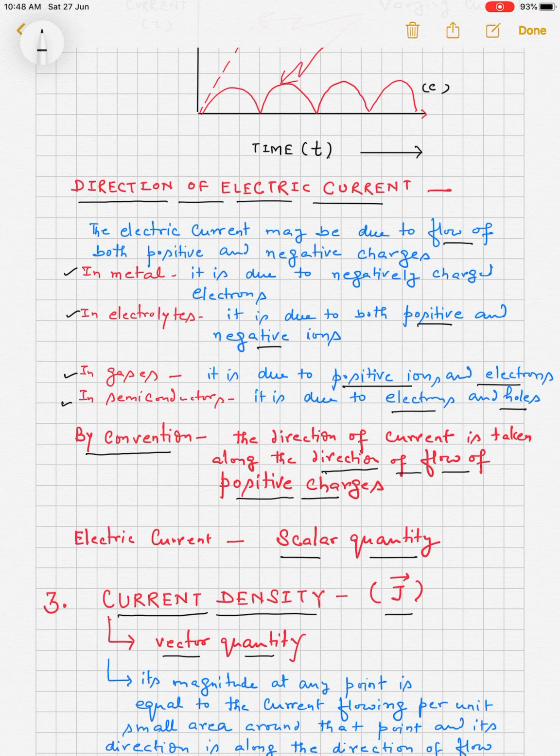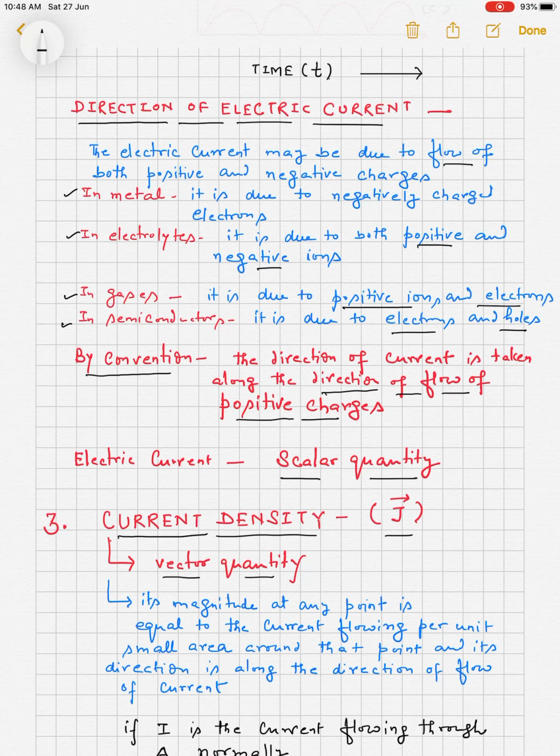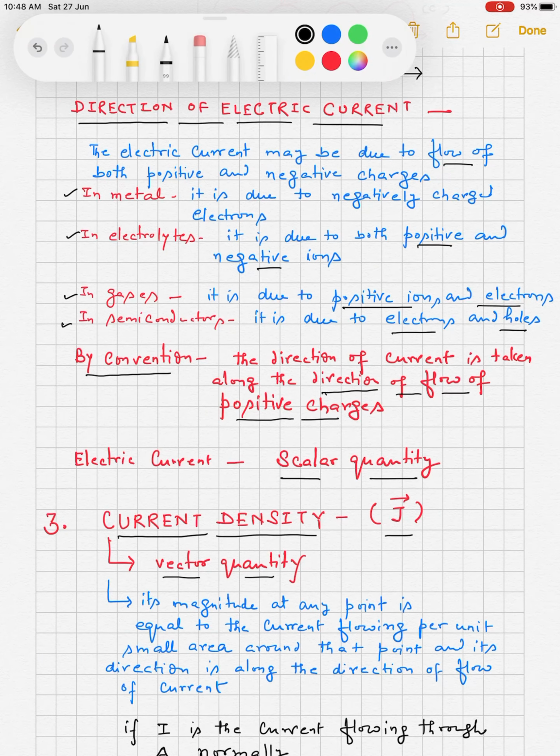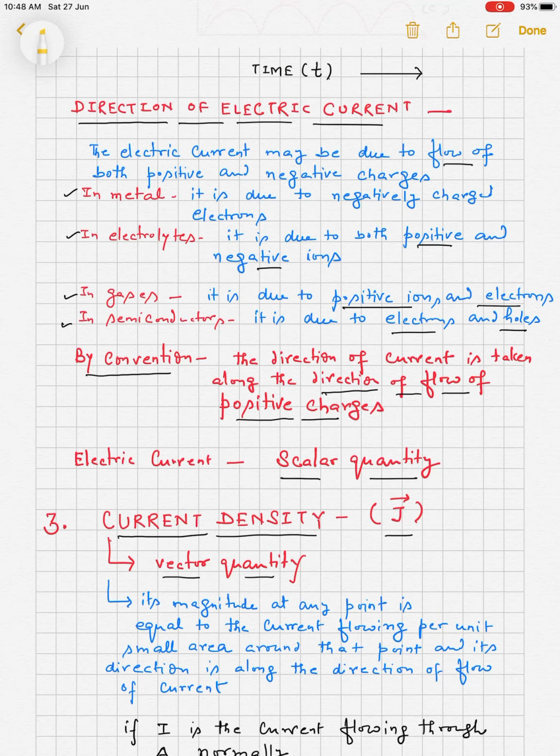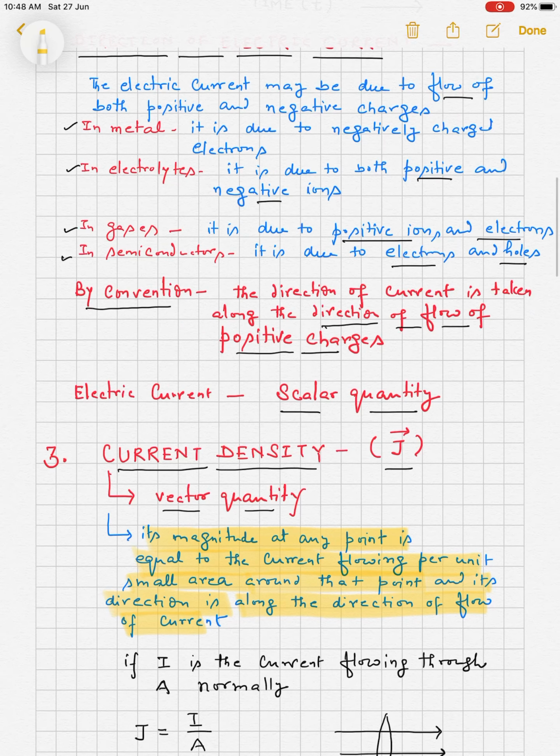Its magnitude at any point is equal to the current flowing per unit small area around that point, and its direction is along the direction of flow of current.